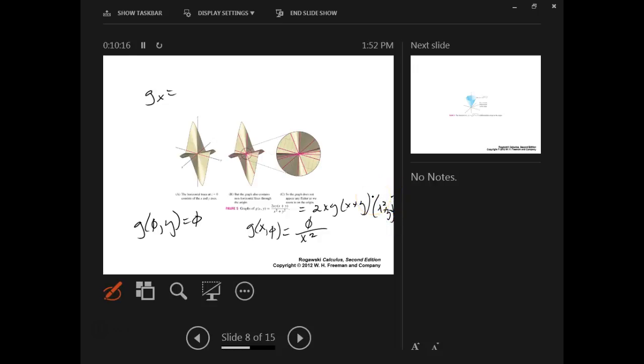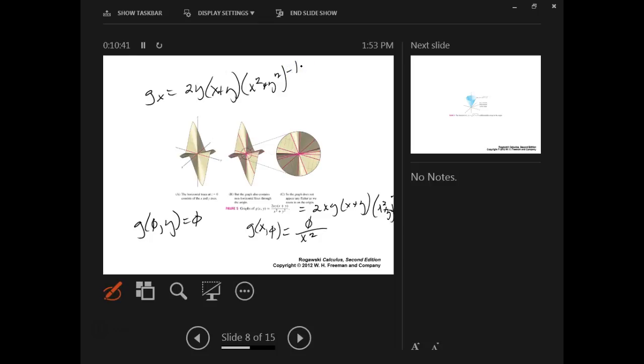So if we did the partial of g with respect to x here, that would be 2y times x plus y times x squared plus y squared to the minus 1.